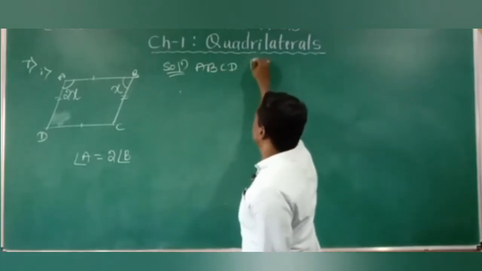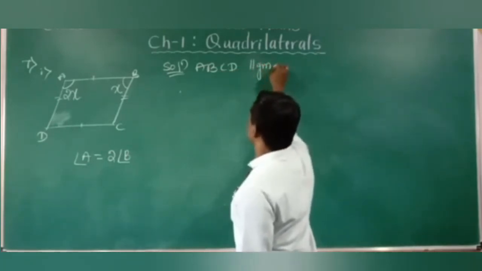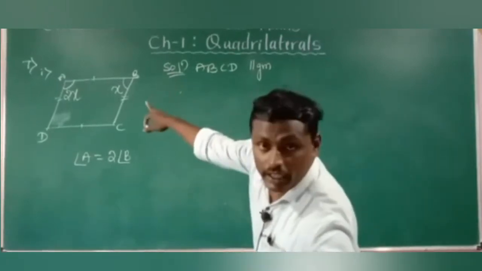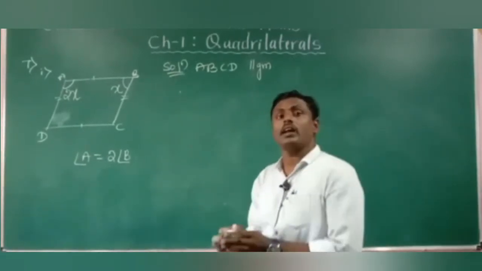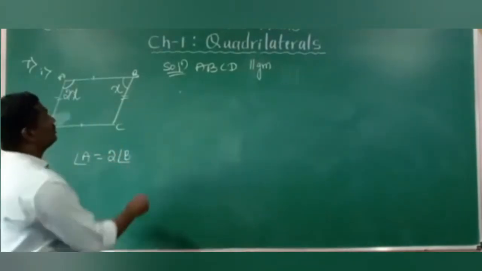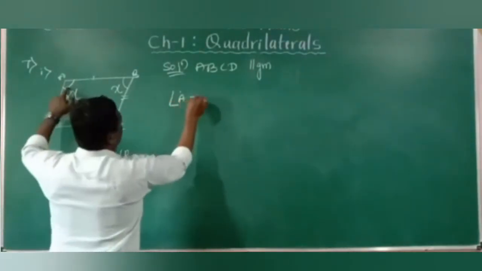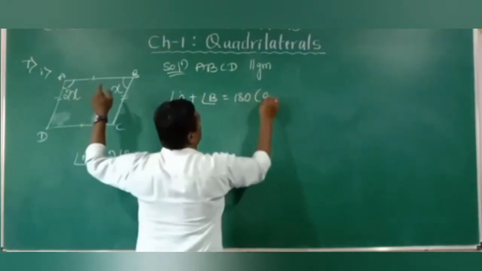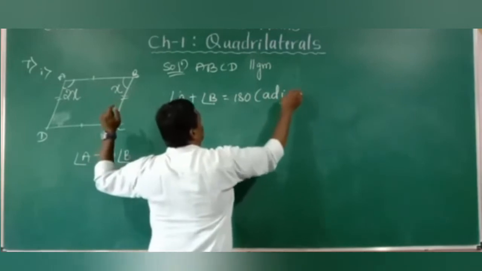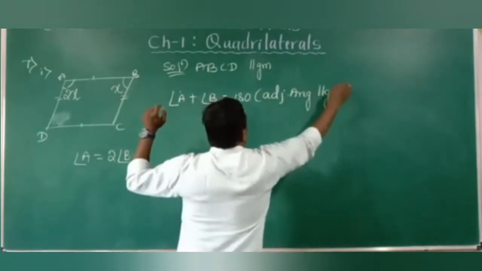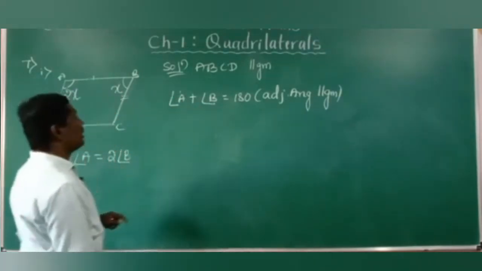ABCD is a parallelogram. Here angle A and angle B are adjacent angles of the parallelogram, right? So angle A plus angle B is equal to 180 degree. Reason: adjacent angles of parallelogram or co-interior angles.